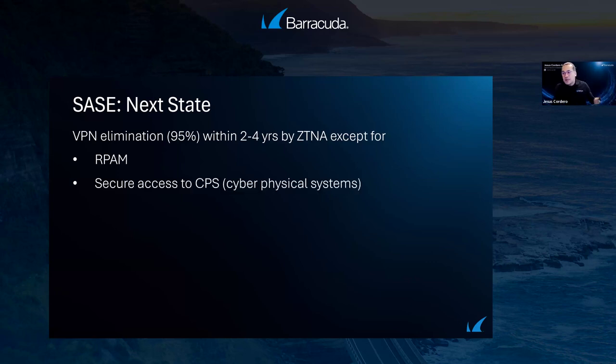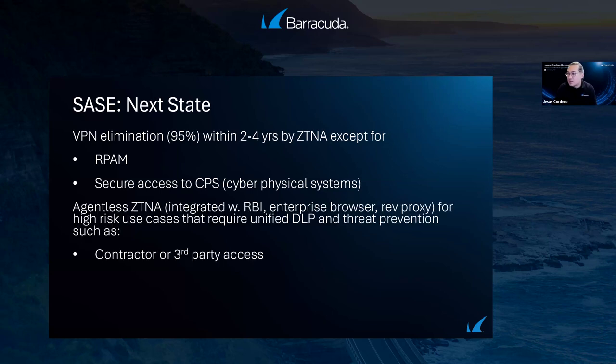The next stage on all these things that are changing is, of course, having remote privileged access management, which is RPAM, because I need to know who is accessing and where they are accessing, as well as for cyber-physical systems. And the way to integrate with remote browser isolation and data loss prevention. Think about all the people that may be in the supply chain for your company, or people that come to your company to have remote access and do maintenance in third-party services.